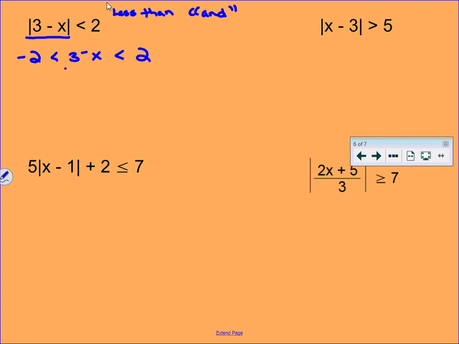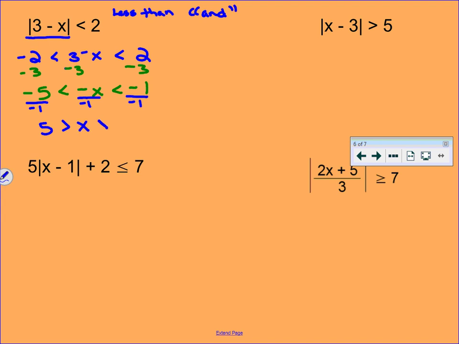So I'm going to subtract 3 from all parts of this inequality. I have a negative 5 that is less than a negative x, that is less than a negative 1. To get this x truly all by itself, I need to divide everything by a negative 1. Now I have a 5. I divide it by a negative, so the sign has to switch.